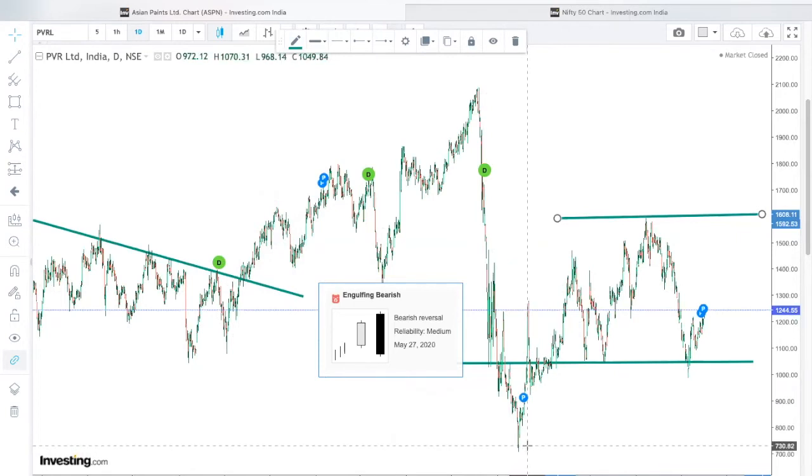Your buying average would have been 1200 plus 700 divided by 2. Can someone do it? 950, I think. Yes, your buying average would be 950. Now it's trending at 1245. It would still have been a profit.